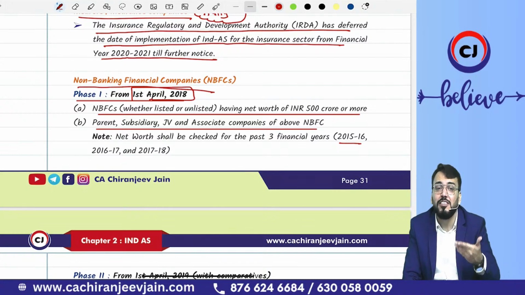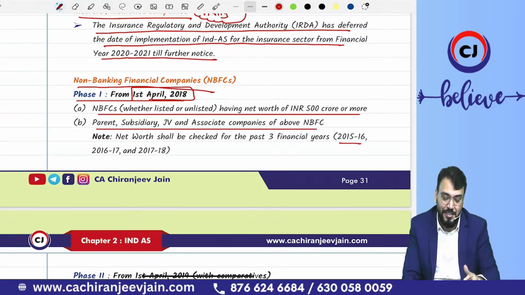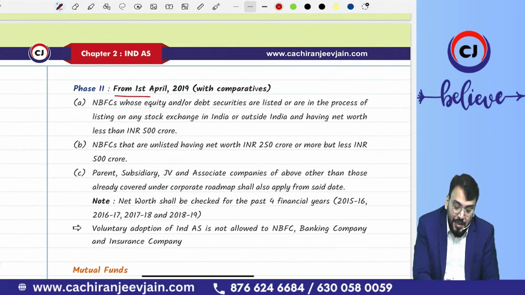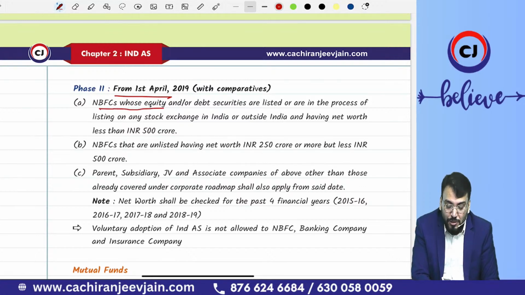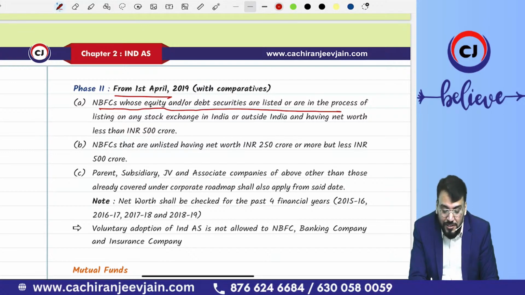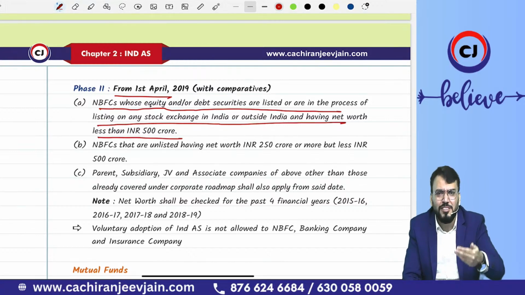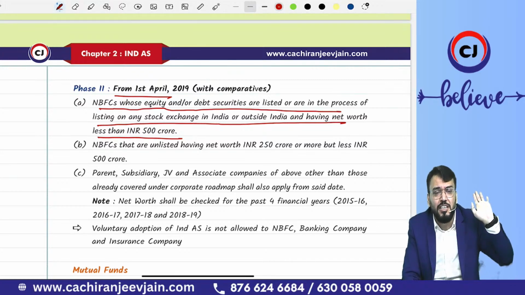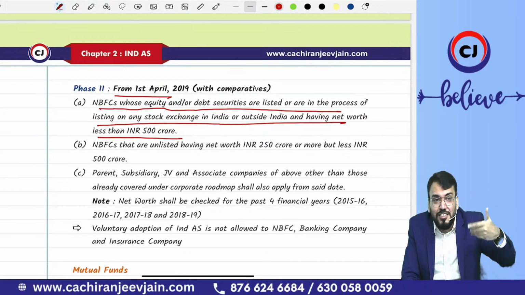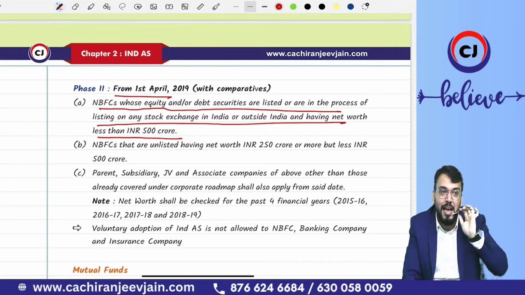The second phase will be from 1st April 2019. In the second phase, NBFCs whose equity or debt securities are listed or in the process of listing on any stock exchange, in India or outside India, having a net worth of less than 500 crore. It means from the second phase, IND AS will be applicable to all listed NBFCs.